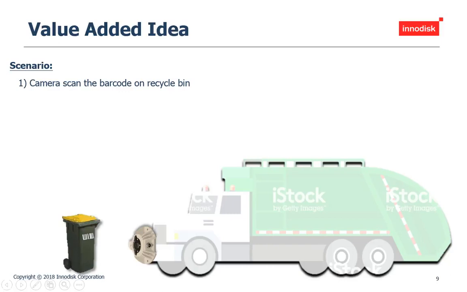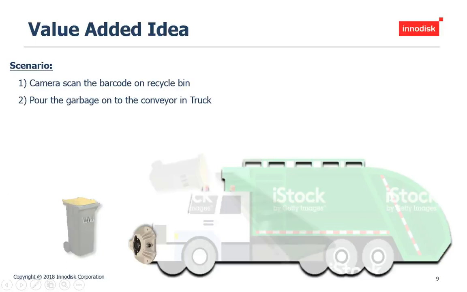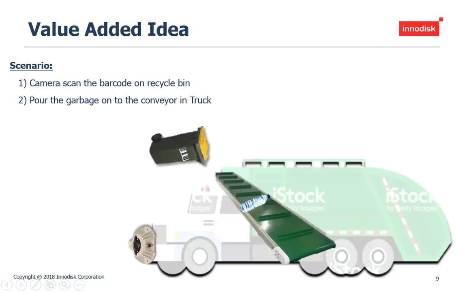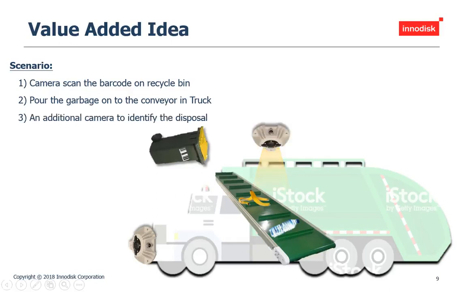The camera will first scan the barcode or QR code, and then when you pour the garbage onto the conveyor in the truck, here we can put another camera to identify the disposal.